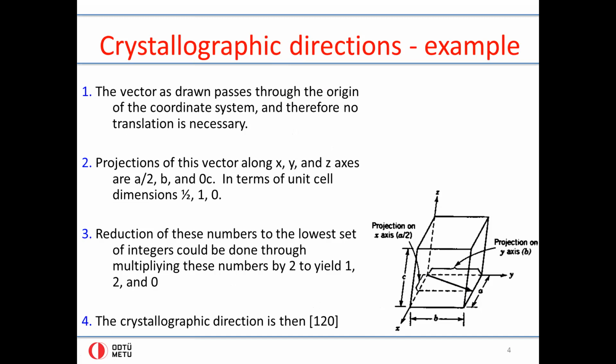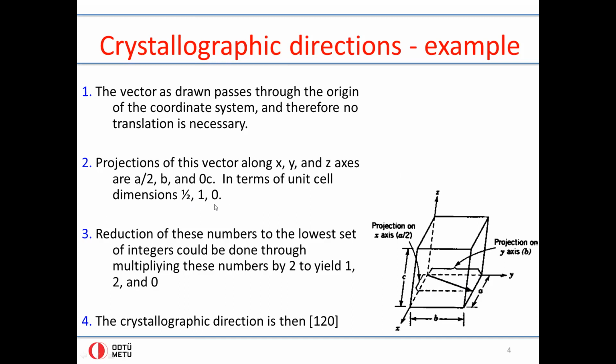So the projection of this vector along X, Y, and Z shows that along X, the distance is A over 2, or 1 over 2 times A, where the multiple is 1 over 2 and the side length is A. Along B, it is 1 times B, and along C, it is 0 because this is in the XY plane. So you see that the multiples, or the projections onto X, Y, Z, show that the numbers of interest are 1 over 2, 1, and 0.